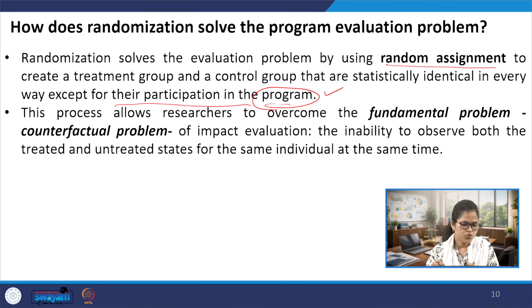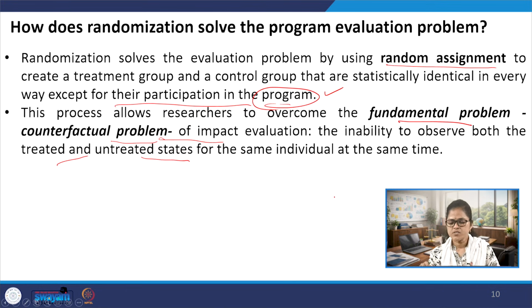Okay, so this process of randomization then allows the policy analyst to overcome the fundamental problem, and the fundamental problem that I just highlighted is the problem of counterfactual. That means, what is this counterfactual? That means the researchers can overcome this particular counterfactual problem of impact evaluation, that is the inability to observe both the treated and untreated status for the same individual at the same time.